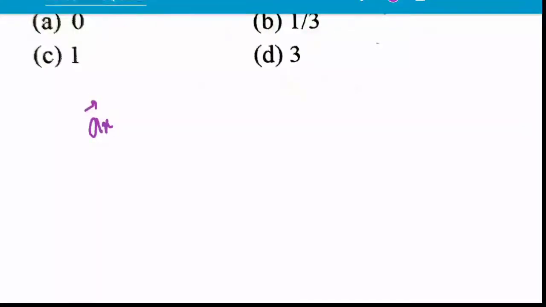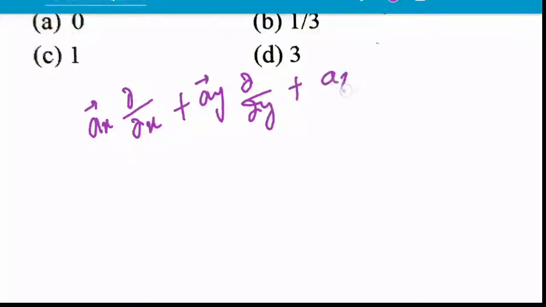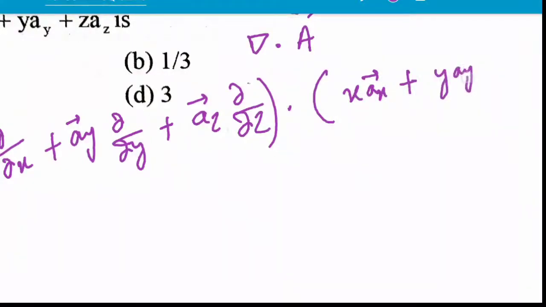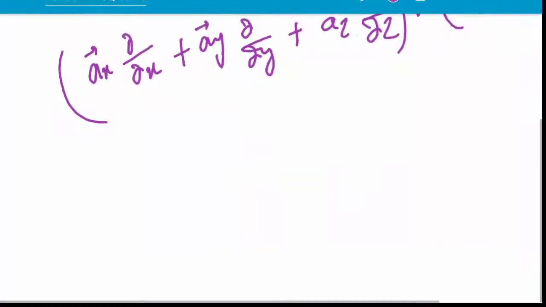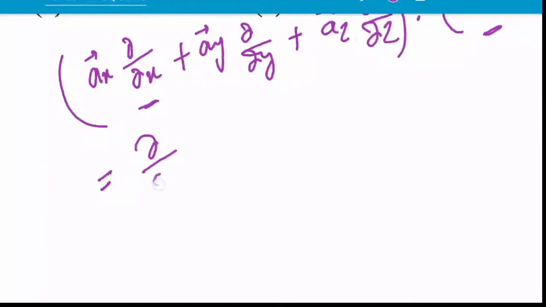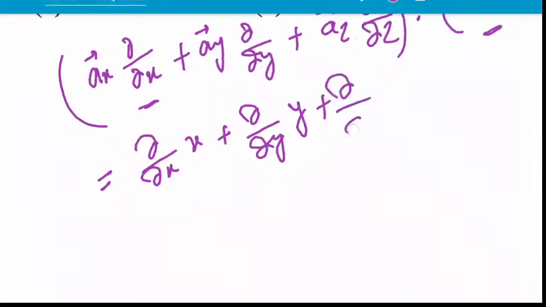The del operator is a x unit vector del by del x plus a y vector del by del y plus a z vector del by del z, dot the function x a x plus y a y plus z a z. In the case of a dot product, the answer will be a scalar, and this will be del by del x of x plus del by del y of y plus del by del z of z.